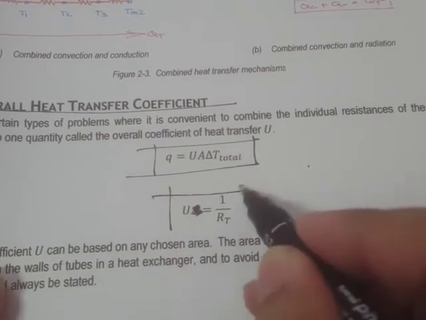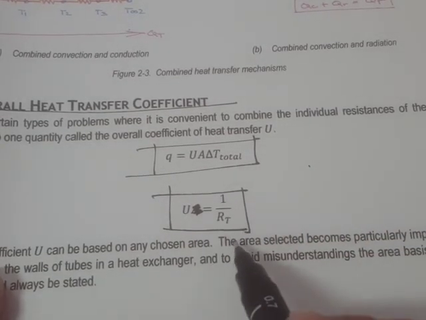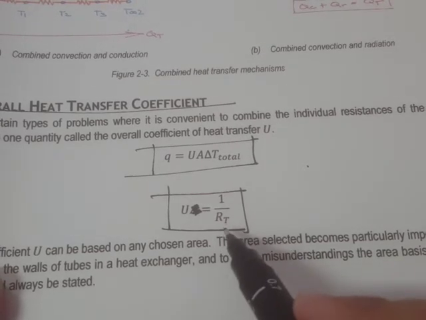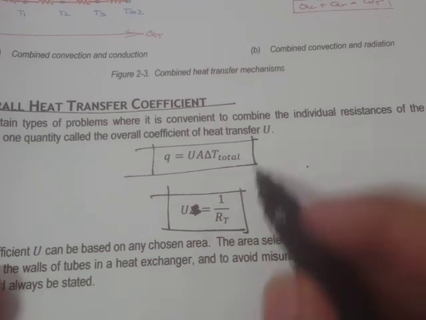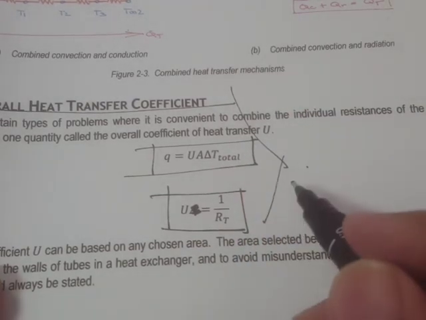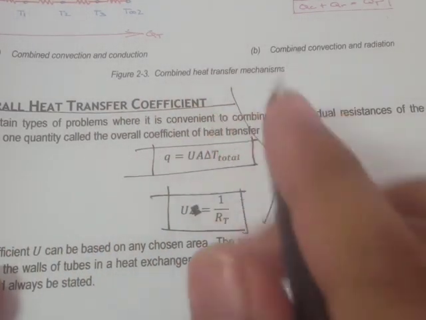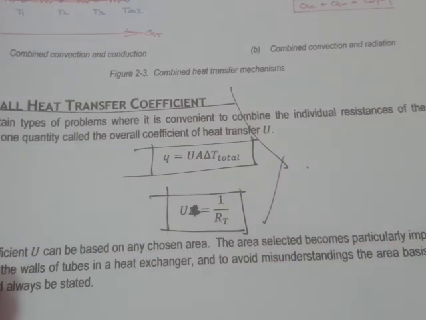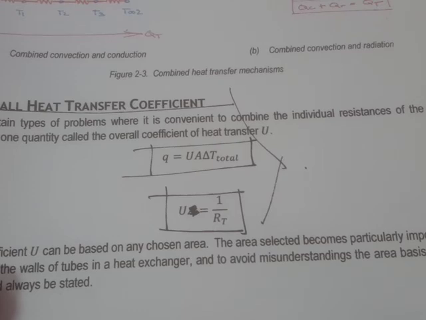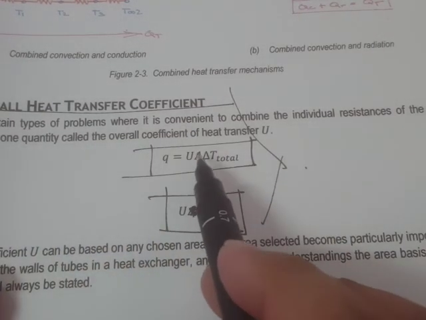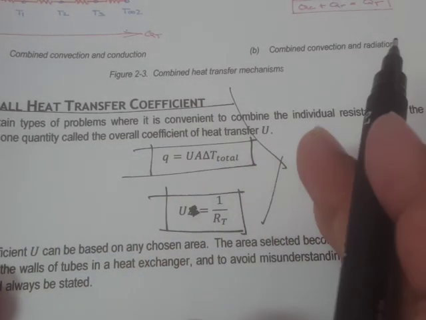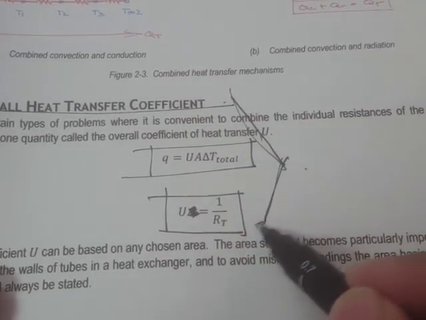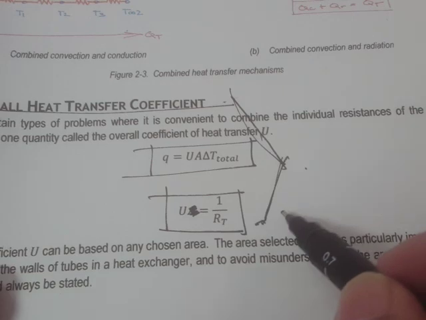So let's erase that A. U is simply the reciprocal of the total resistance. So why is that? There are other symbols like this for overall transfer coefficients, simply because some applications will already have this U value for the materials, or for the combined or composite materials. So at least it's very handy already.